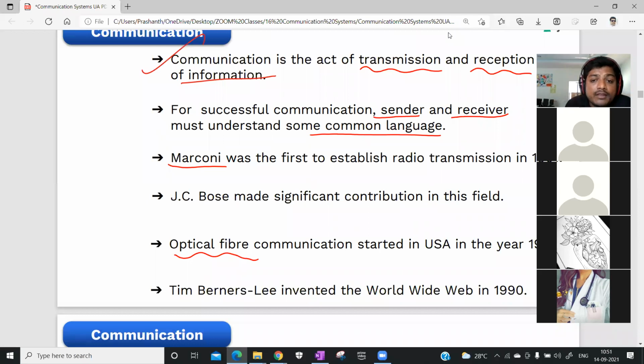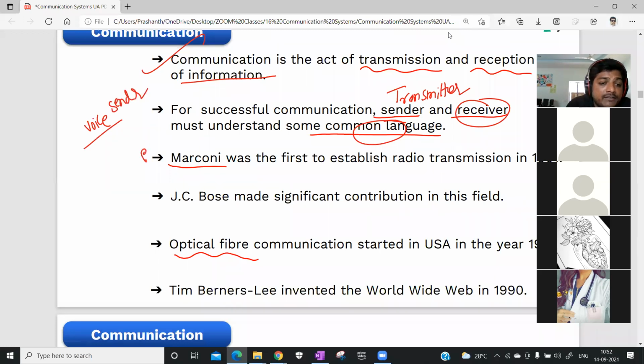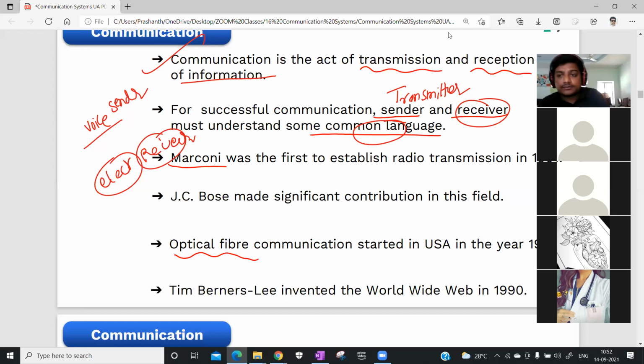For a successful communication, what do we require? We need a sender, meaning a transmitter, and a receiver, and they must understand the same language. For example, if the sender sends a voice message and the receiver receives an electrical message, can he understand it?